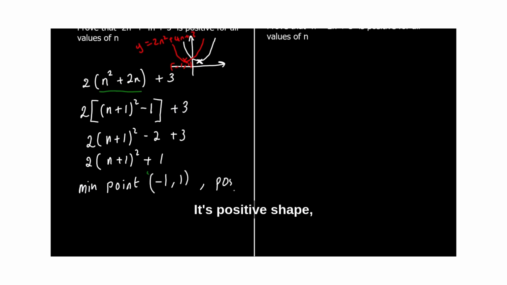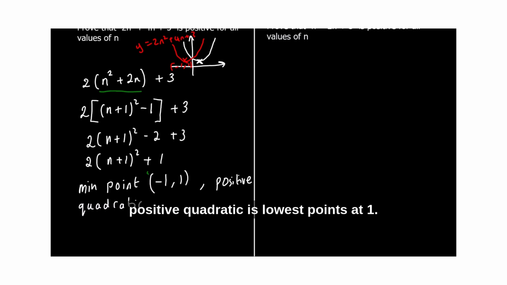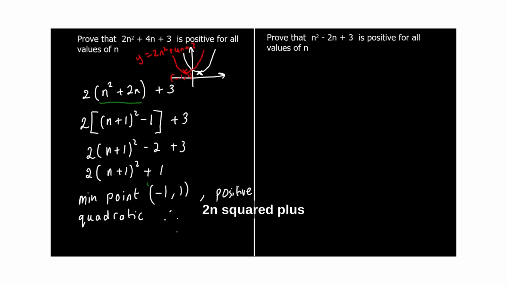It's a positive shape, positive quadratic. The positive quadratic, its lowest point's at 1. Therefore, 2n squared plus 4n plus 3 is positive for all values of n.